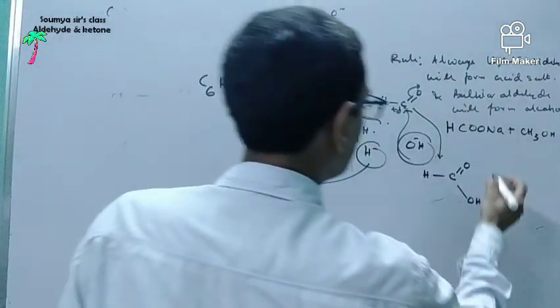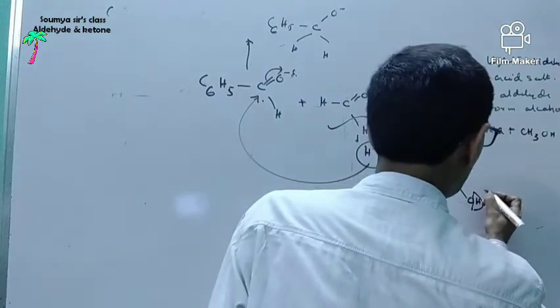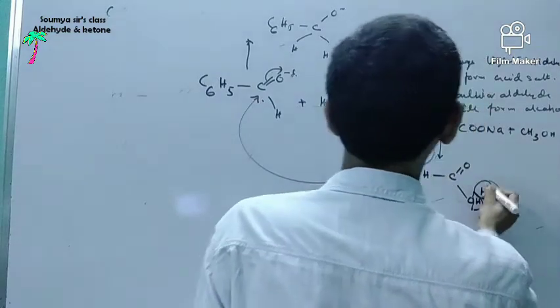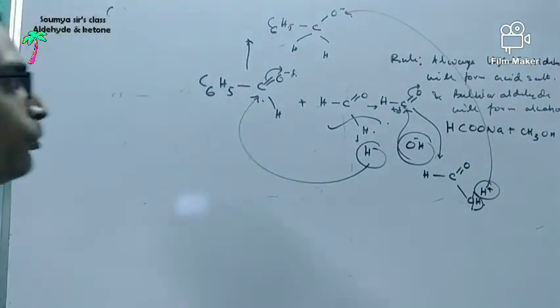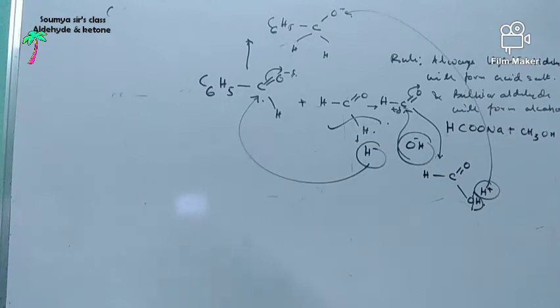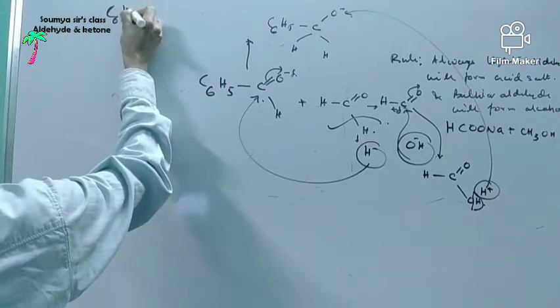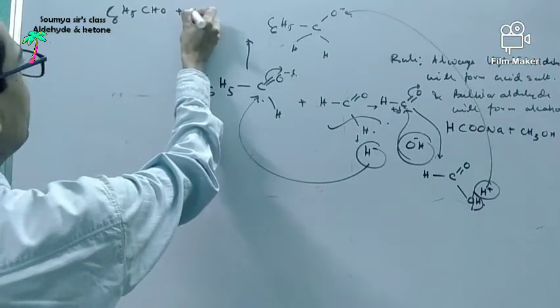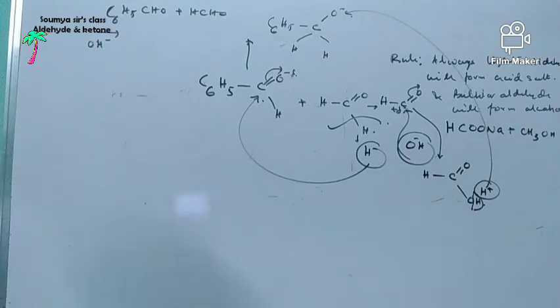On the other hand, this acid gives H plus, which subsequently attacks the alkoxide ion, as a result of the combination of two different aldehydes like C6H5CHO and HCHO in OH minus medium.